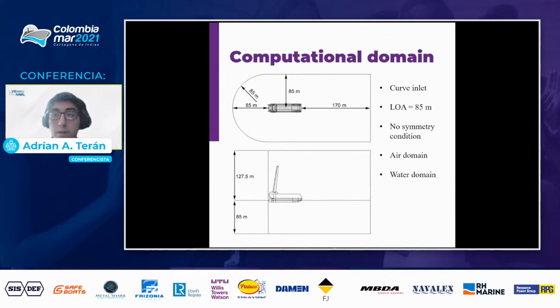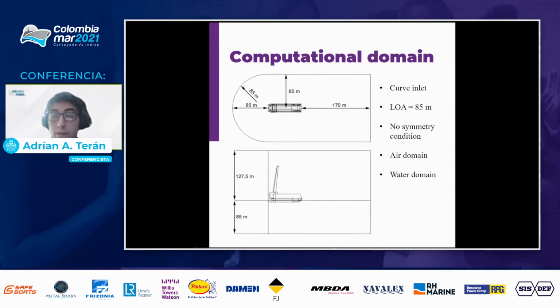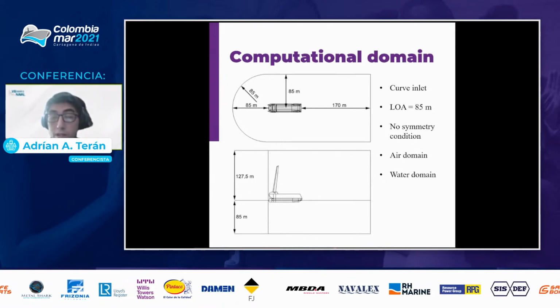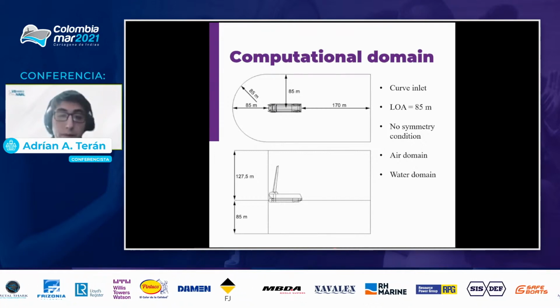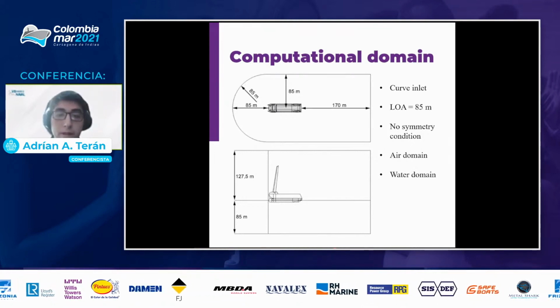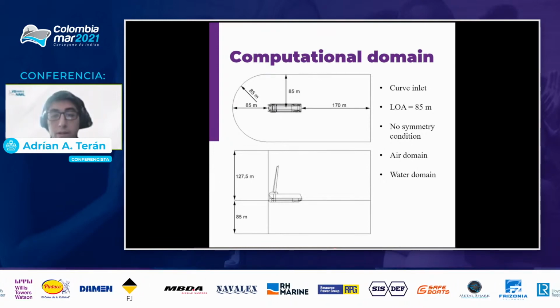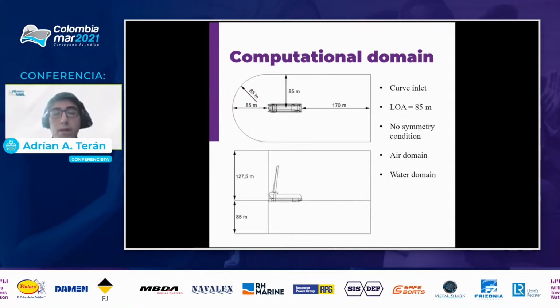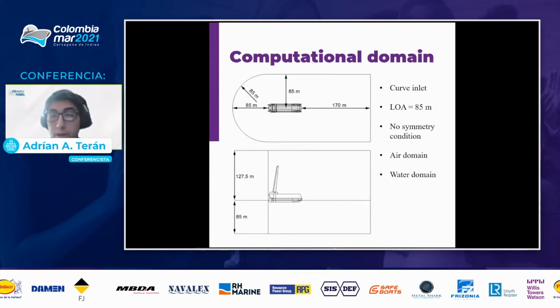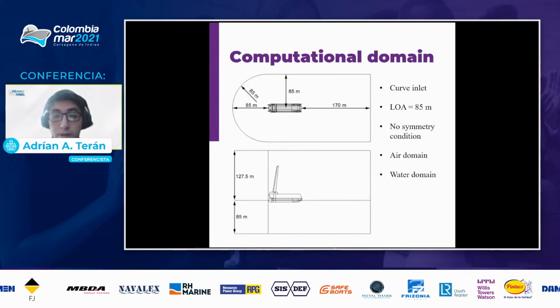So we have created the domain for this analysis on account of the whole length of the vessel, which is 85 meters. Okay, the size of this domain, as we have seen, depends on the length. The shape is a little bit peculiar.